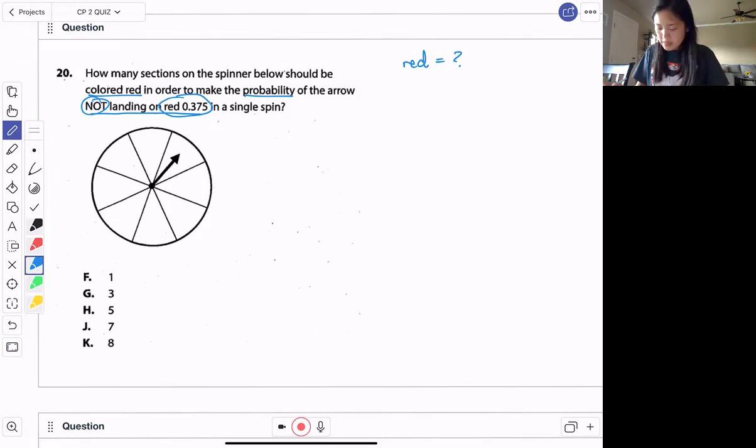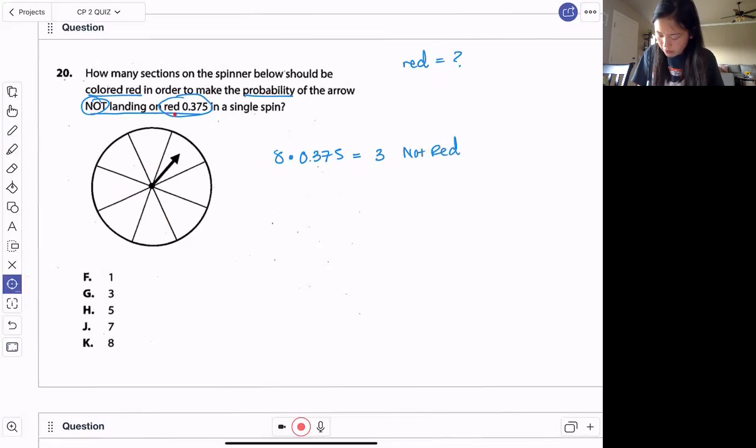Okay, so basically when I look at this circle, there are 8 sections. So if I don't want red, I need to multiply this by 0.375. So 8 times 0.375 gives me 3. So this is what's not red, because that's what they told me this probability is for.